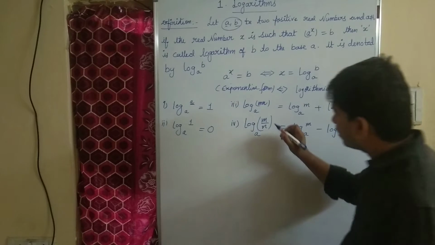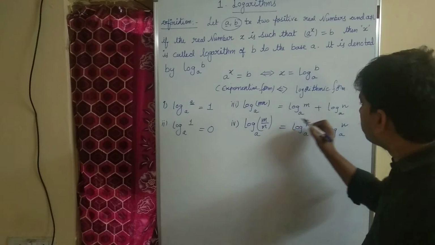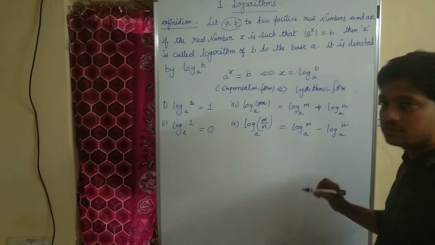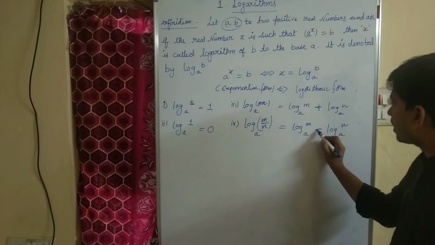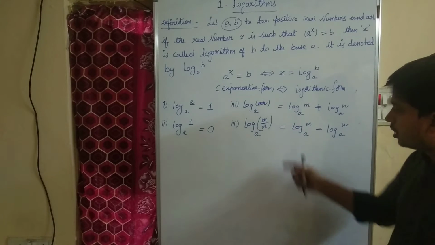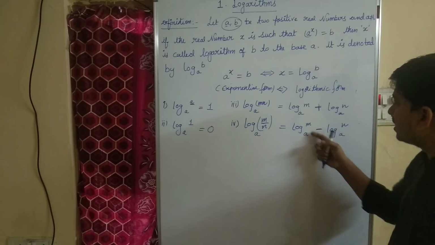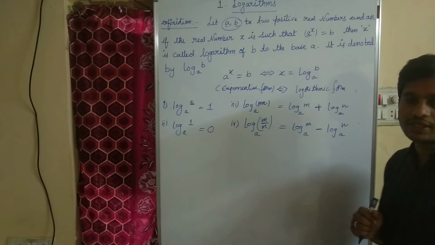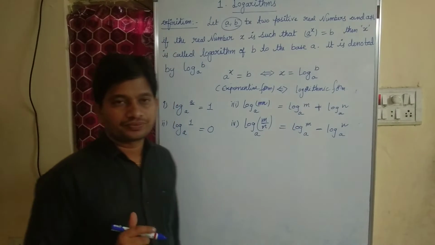See here, children, when we are multiplying m into n to the base a, we must add. Here we are dividing, and when we are dividing, we must subtract. So that is our quotient law.